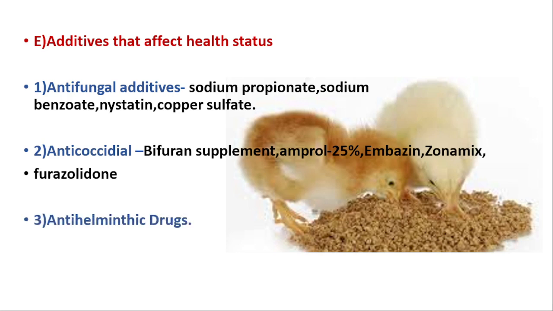Now the third type of additives is the anti-helminthic drugs. As the name itself indicates, anti-helminthic drugs control helminths or worms, and these are used in chickens which are subject to infection. As we know, poultry birds are also known as scavengers.